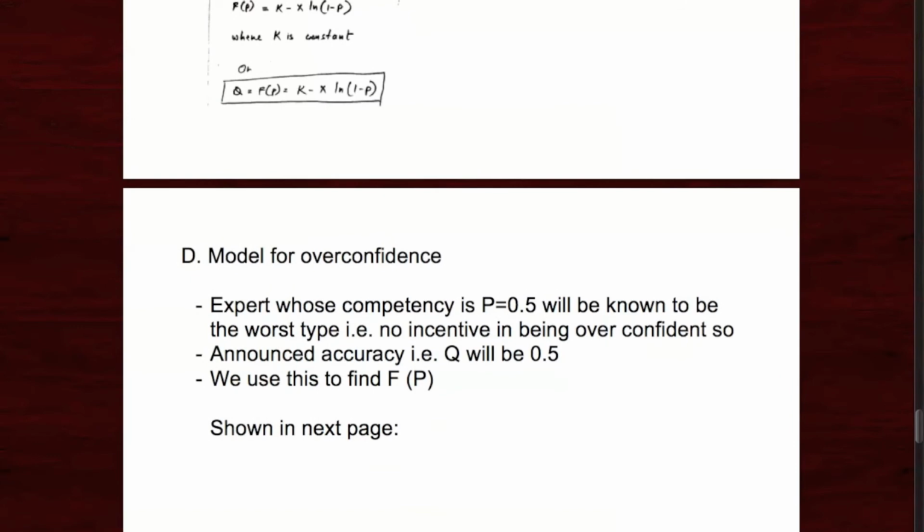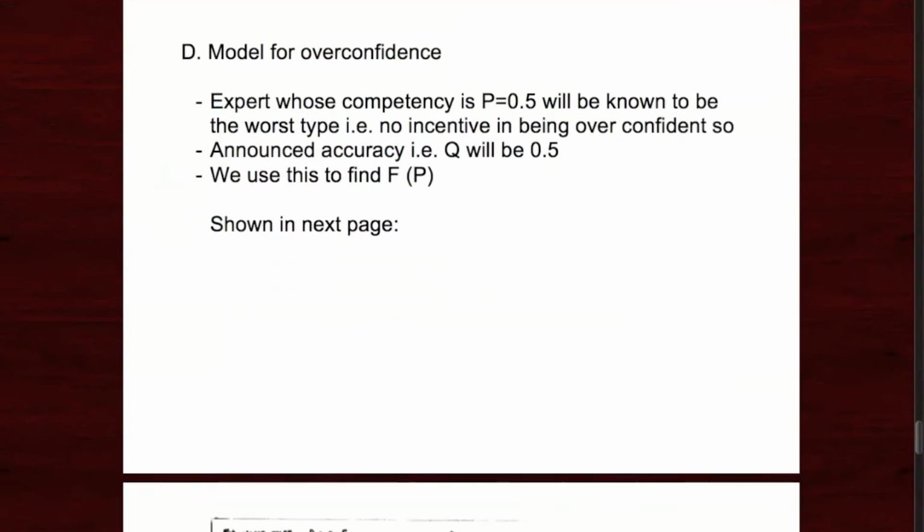Okay, an expert whose competency is 0.5 will be known to be the worst type. So there is no incentive in being overconfident. So his announced accuracy will be Q equal to 0.5. We can use this to find f(p). We have shown that on the next page.